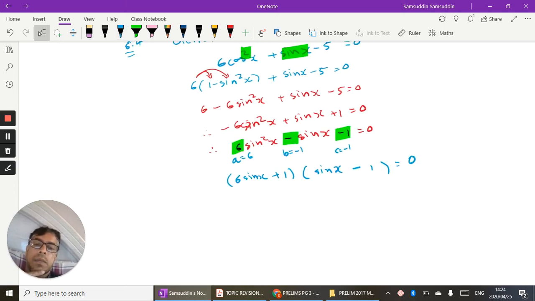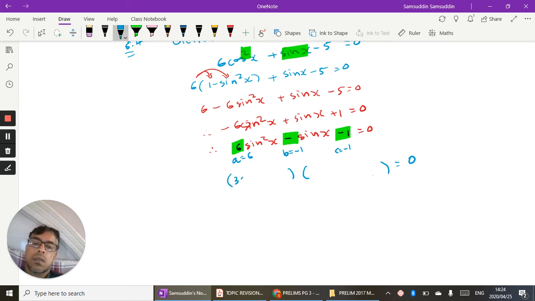Okay, so let me recheck again. 6 sine x times sine x is 6 sine squared x. 6 sine x times 1 is minus 6 sine x plus 1 sine x. So it is minus 5 sine x. Okay, so I'm not getting minus sine x. So there might be something wrong with my factors. So let me recheck.